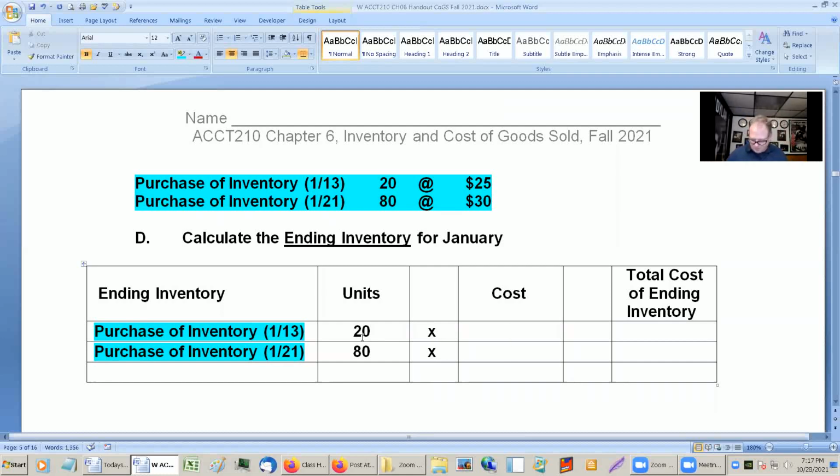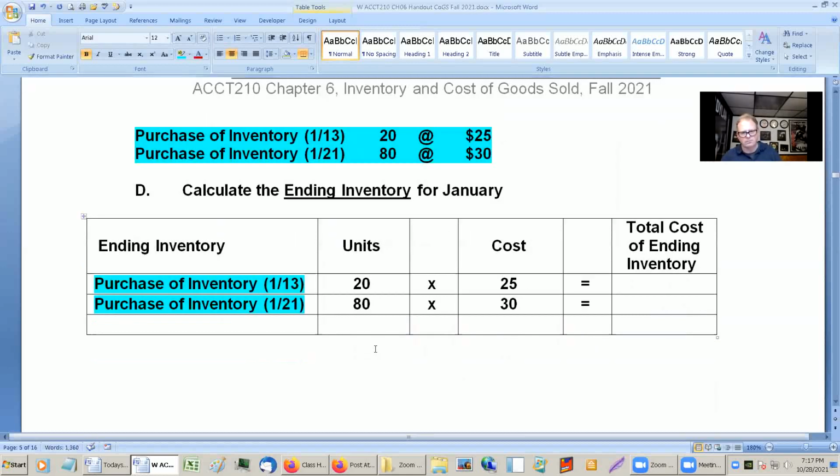25 and 30. $500, right? 2,400. 240. 2,400. Put that, 400. 2,400.